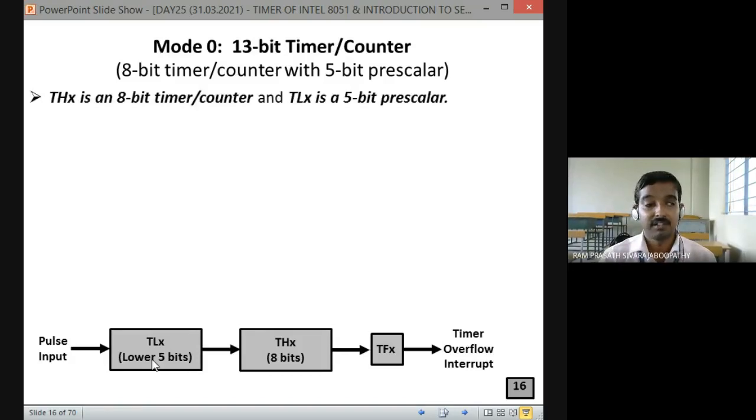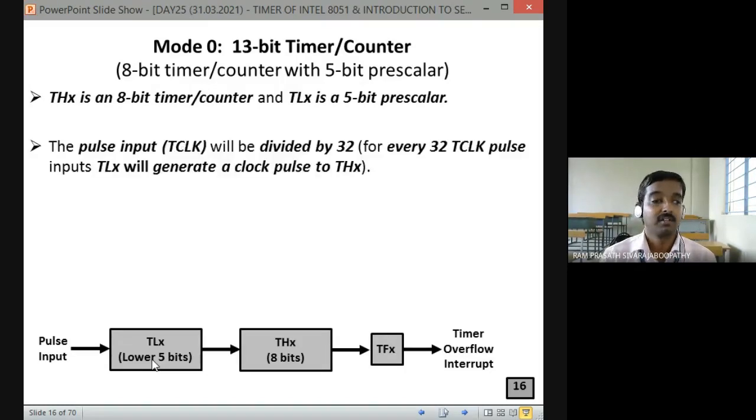So THX is an 8-bit timer or counter register, and TLX is a 5-bit prescaler. The pulse input will be divided by 32. For every 32 T clock pulses of input, TLX will generate a clock pulse to THX. The meaning is, this frequency is again going to be divided by 32, not 32 bits.